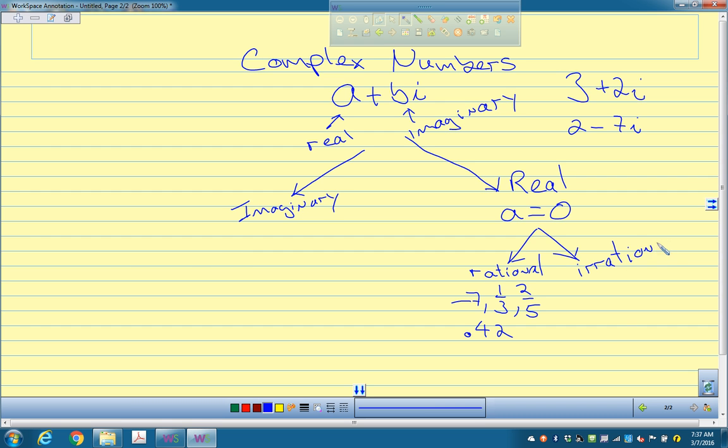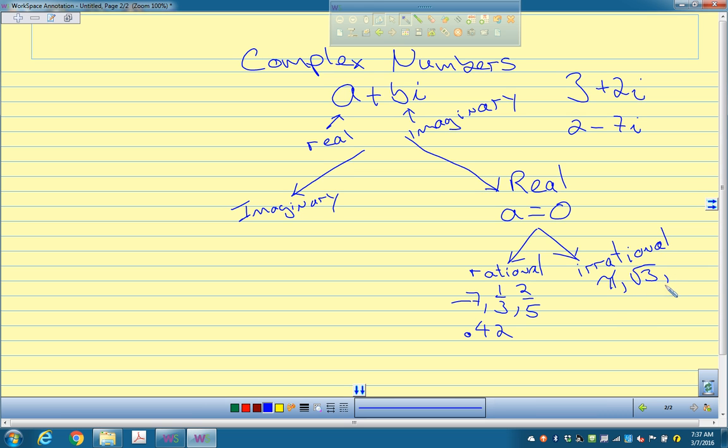Irrational numbers. Okay? What's an irrational number? Who can tell me an irrational number? Adam. Isn't pi irrational? Pi is irrational. So is anything that can't be taken out of a square root, like square root of 3.